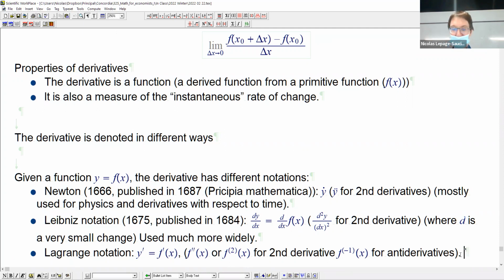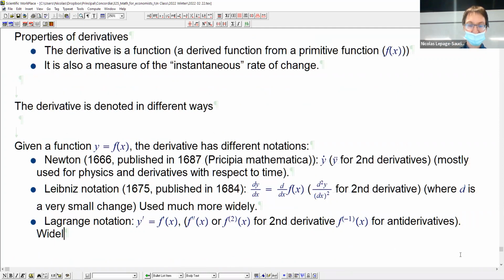So that one is for a single variable function. Otherwise, if you have a function of many variables, then you can use Leibniz, or you can use something that's coming later.